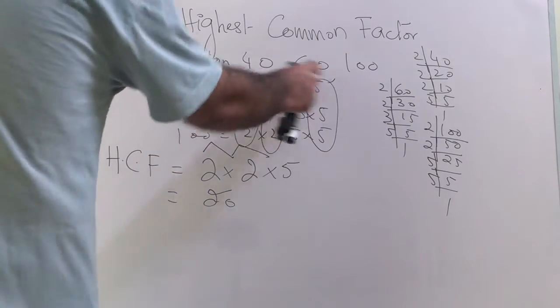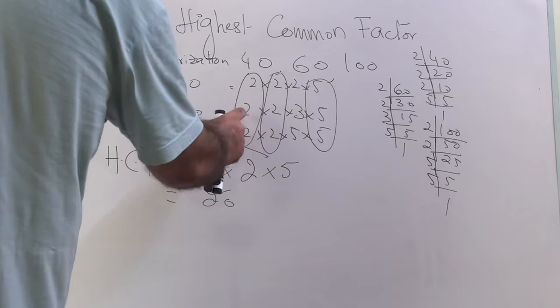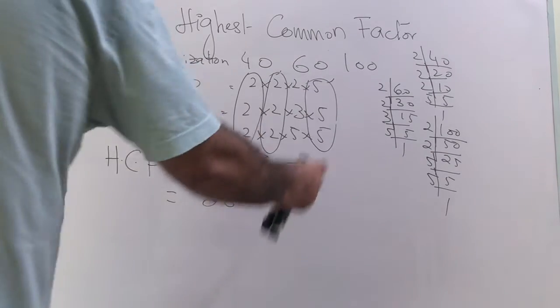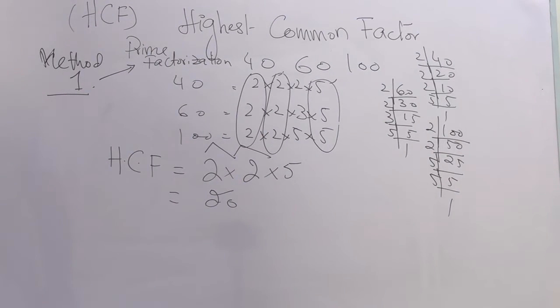These are the factors of 40, these are the factors of 60, factors of 100. Then we just took the common digits in all 3 rows.